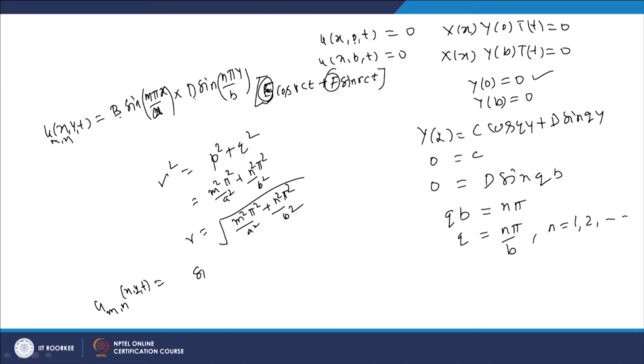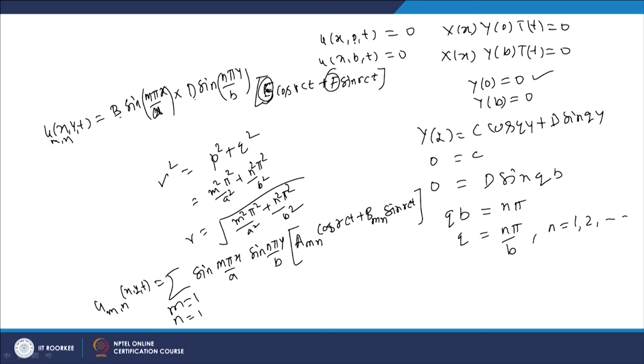You simply write sin(m pi x by a) sin(n pi y by b), and in a bracket you write some A_mn cos(r c t) plus B_mn sin(r c t). Since it is true for each mn, using the principle of superposition, if you sum over m equal to 1 to infinity and n equal to 1 to infinity, then the solution let us denote as u(x, y, t).